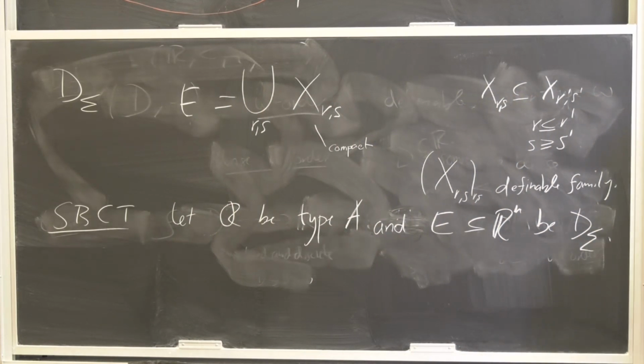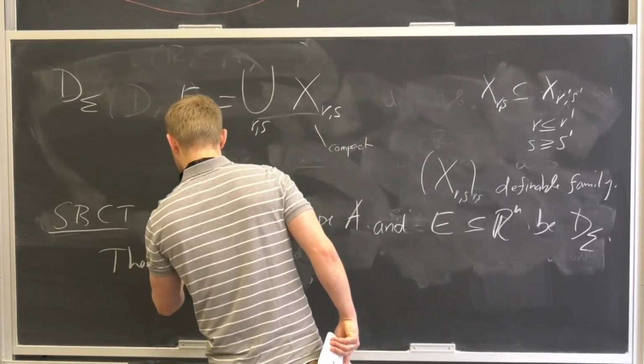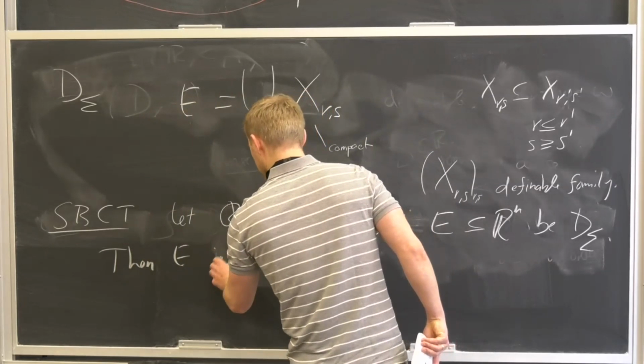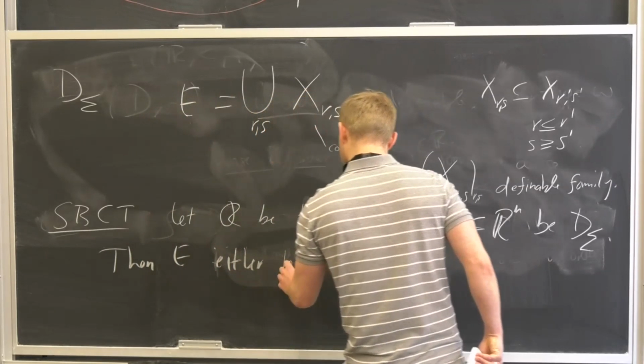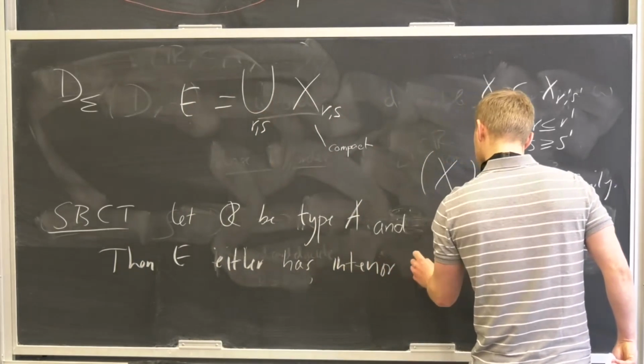Then E either has interior or is nowhere dense.